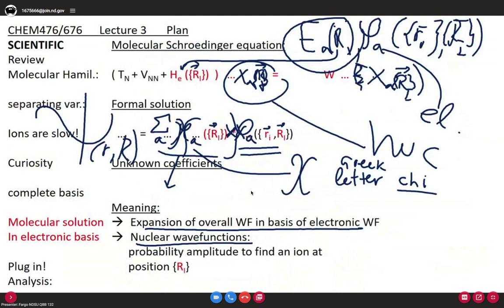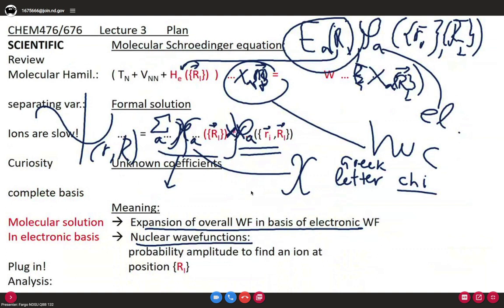Summation means that we add together phi sub a, and the coefficients in front of this phi sub a will be this Greek letter, and it will depend on the positions of nuclei. We are making this construction in order to show our loyalty to the rules of solving differential equations.